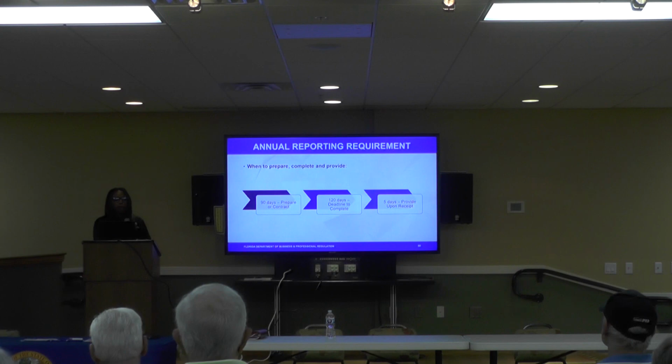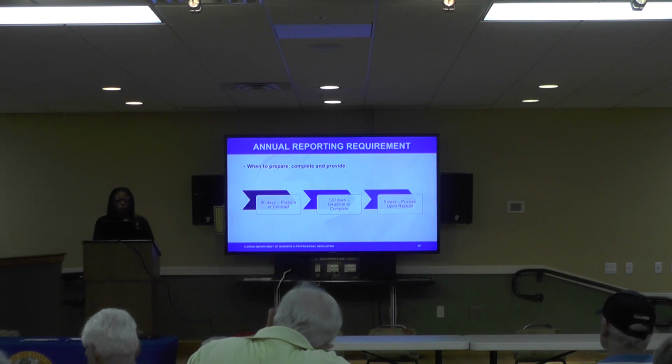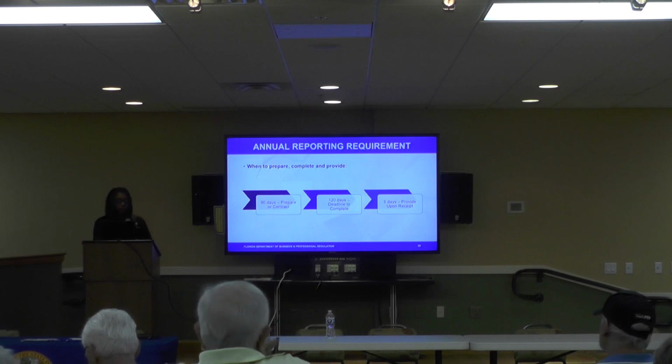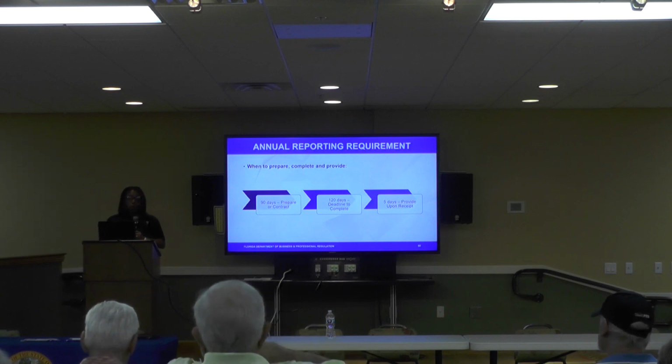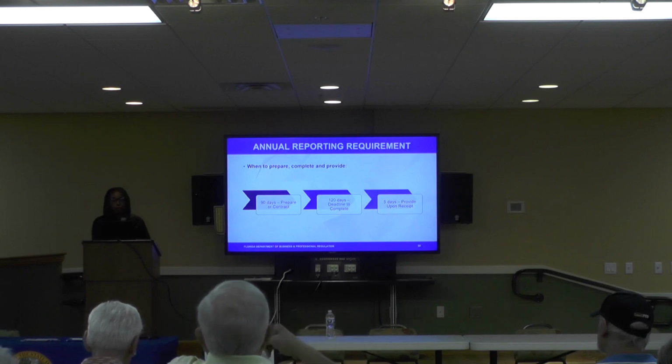When should you prepare, complete, and provide an annual report to the unit owners? This must be done within 90 days after the end of the fiscal year, or annually on a date provided in your bylaws.